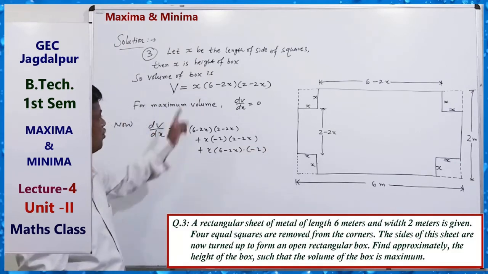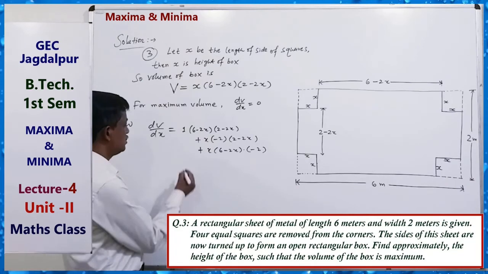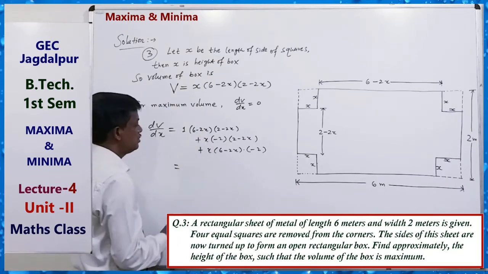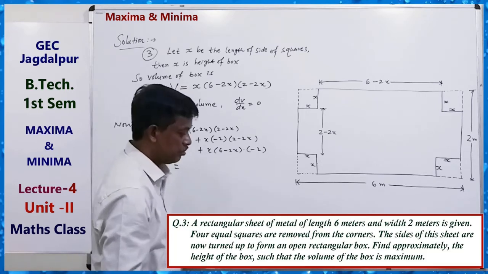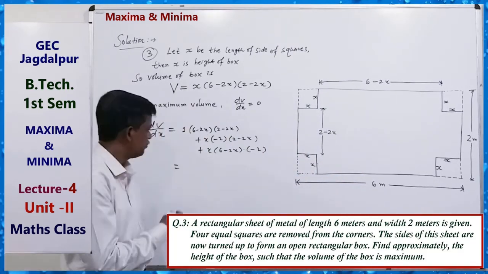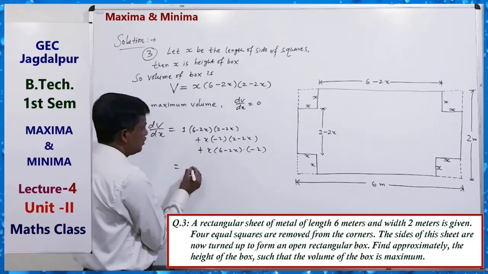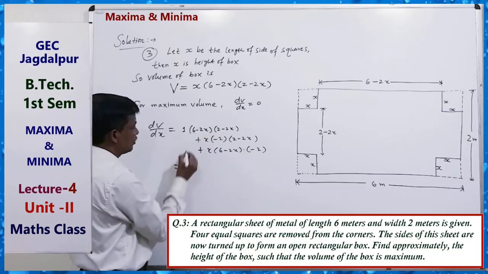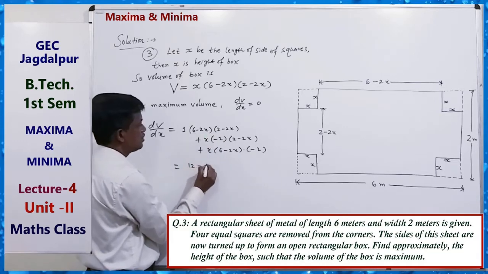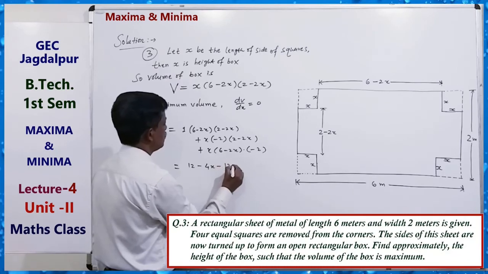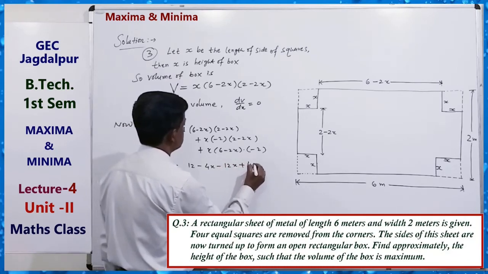Differentiation of a product of 3 functions. So we can multiply it. Its value, collecting here: 6 into 6 is 36 minus 12x minus 12x plus 4x square.